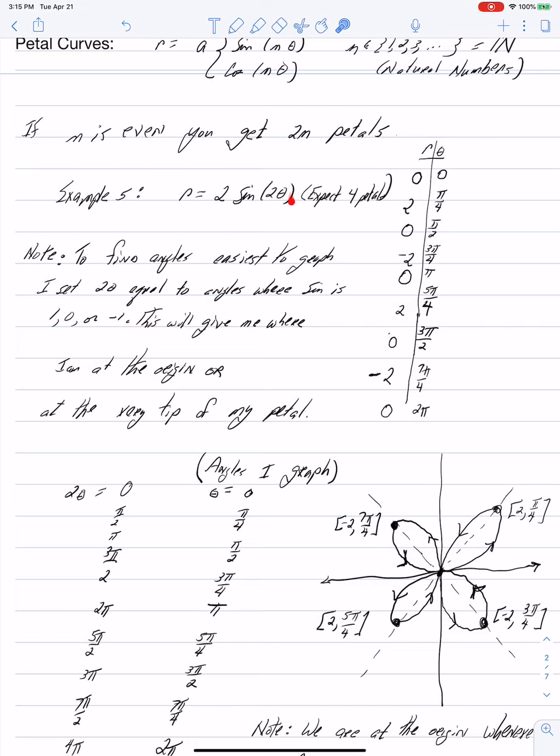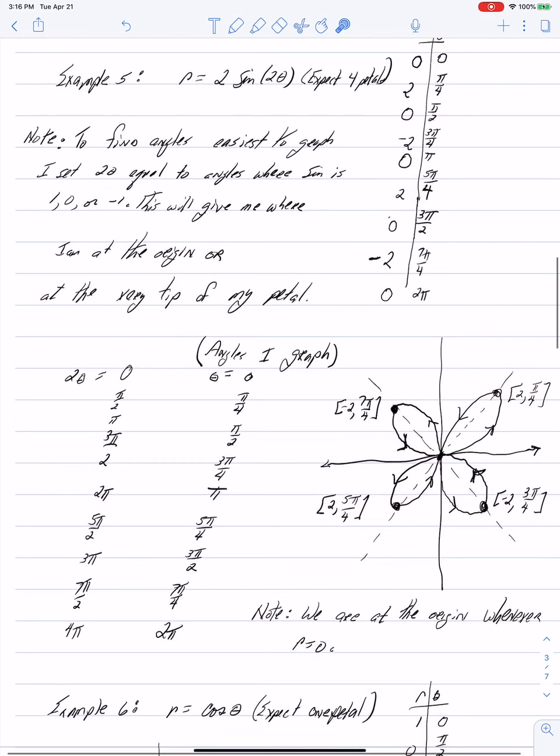But now my angle is not theta. What is it? 2 theta. So I set 2 theta equal to those angles where the sine is highest, lowest, or 0. And then I might have to keep going to be able to trace out the whole curve.